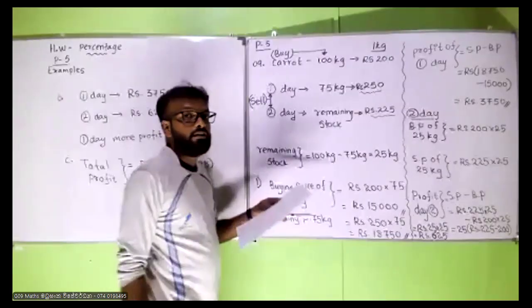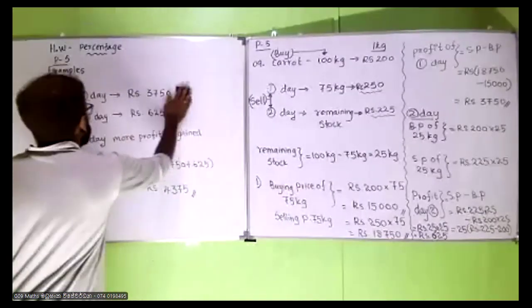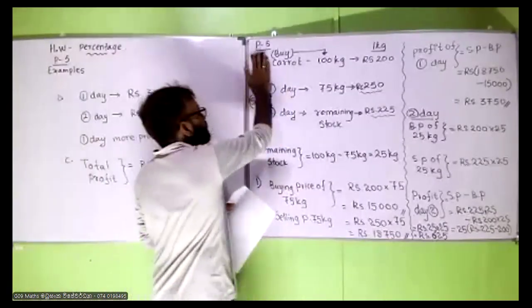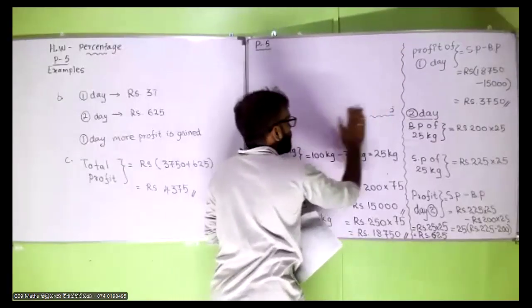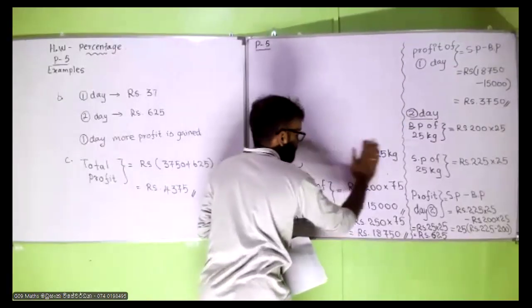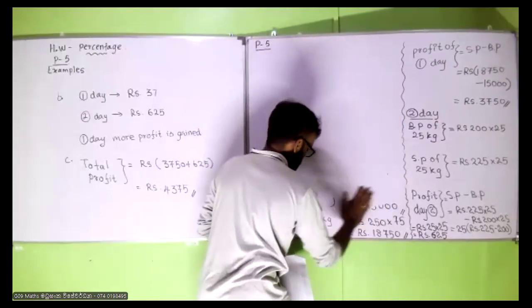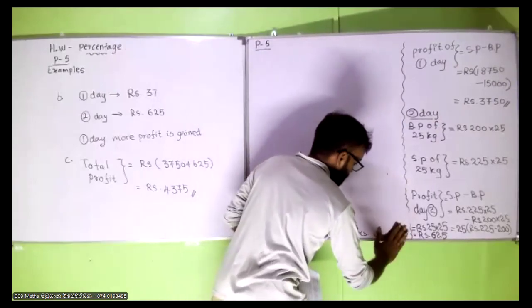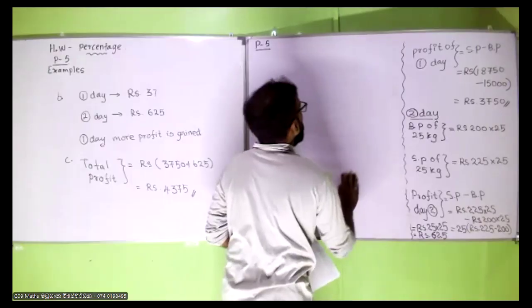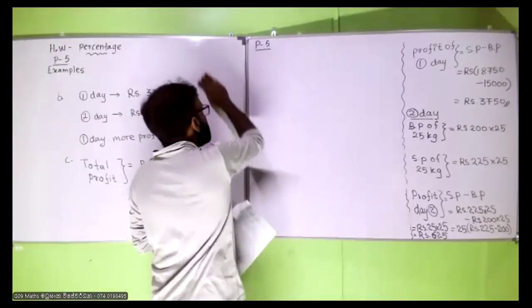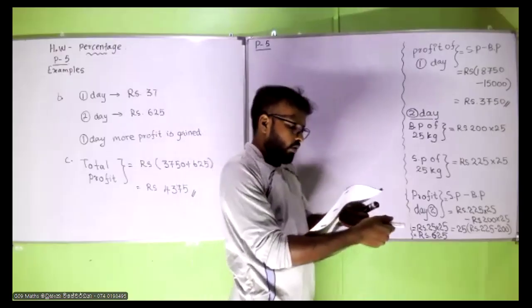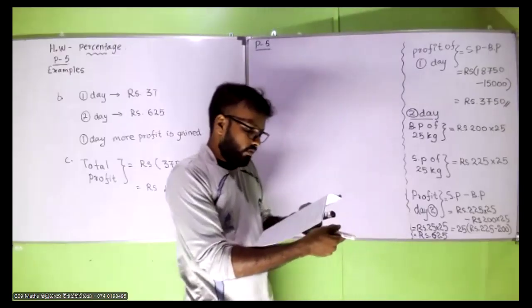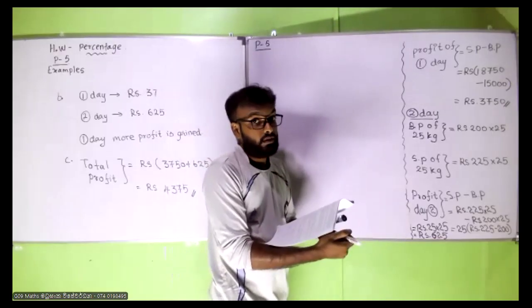I will do the 11th one. So what do we have? Olives bought 5 for a rupee.